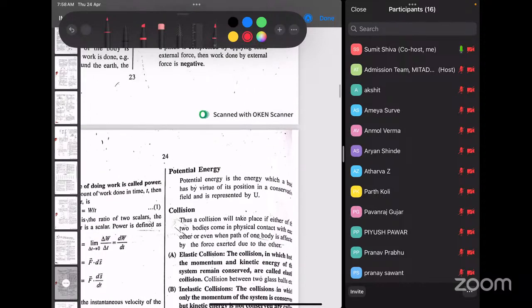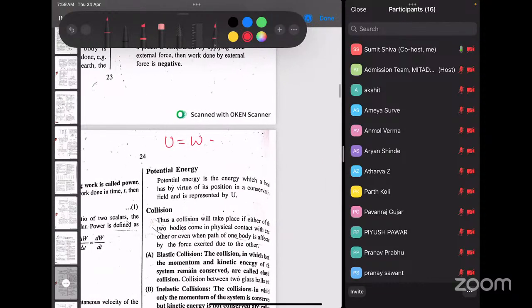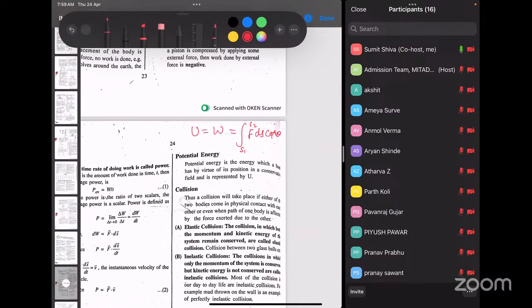Otherwise, potential energy U is equal to work done against or by a conservative force, that is the integral of F ds cos theta from position S1 to position S2. This is the more general formula for potential energy, but it is not of any use for you. You just have to remember U equals mgh.